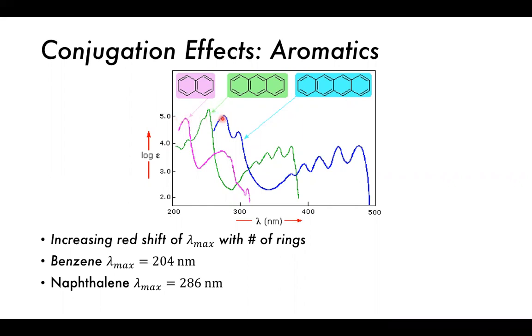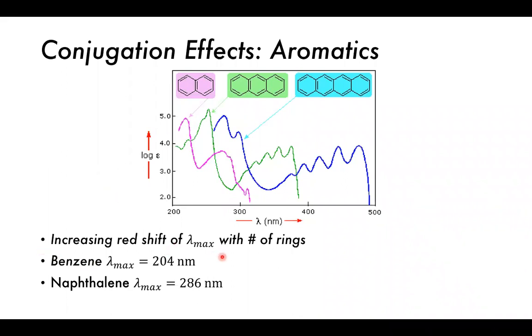They shift to longer wavelengths because of the addition of more and more double bonds. More and more conjugation has the effect that we end up shifting our wavelengths to longer wavelengths, which means that they're lower energies, which probably means that they are going to be somewhat more stable and easier to measure than they would have been otherwise.